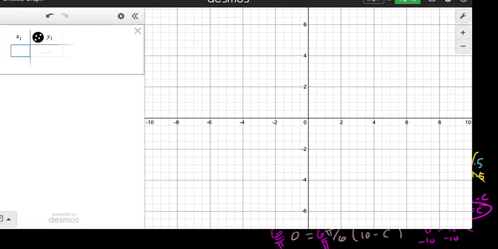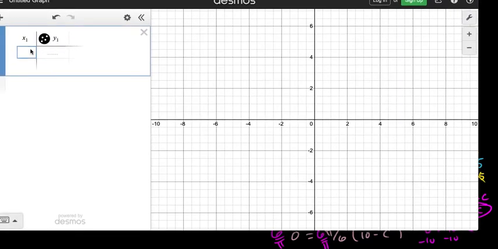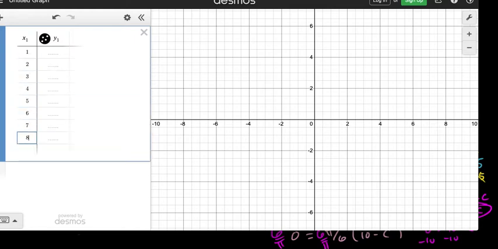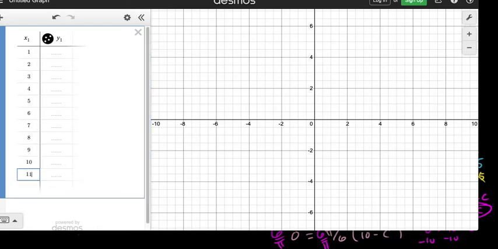I'm going to add a table. Our x values are just going to be 1, 2, 3 through 12. And then our y values, we're just going to enter the table.